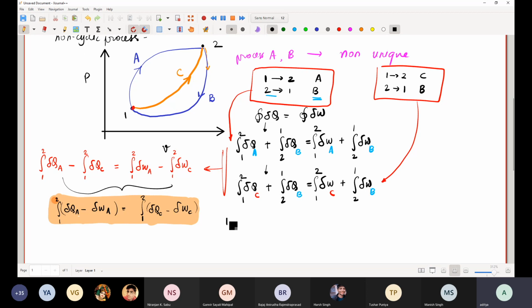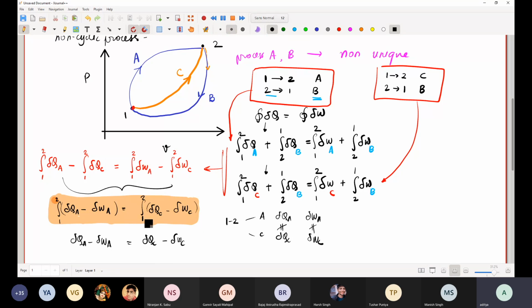In going from 1 to 2, you have process A and process C. Del Q A is not equal to del Q C. Del W A is not equal to del W C. But the difference of del Q A and del W A is equal to the difference of del Q C and del W C.